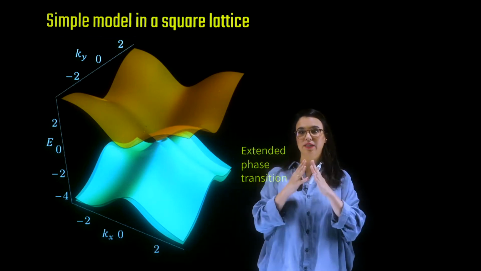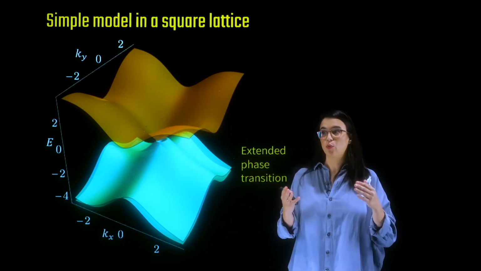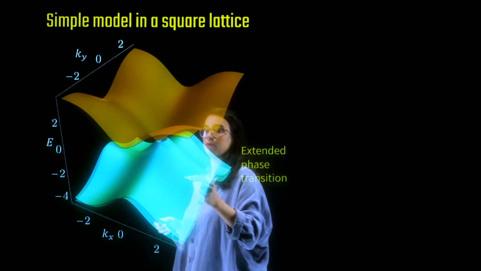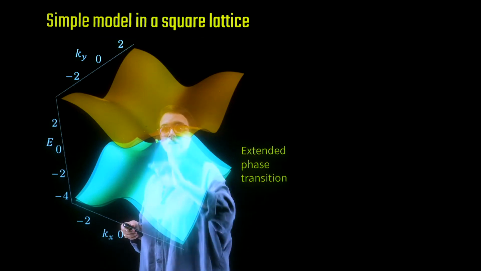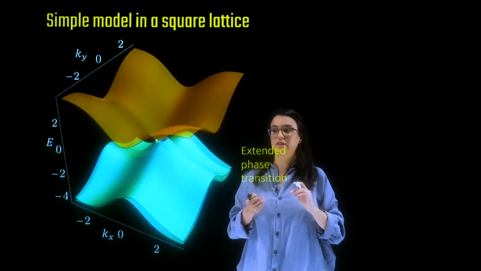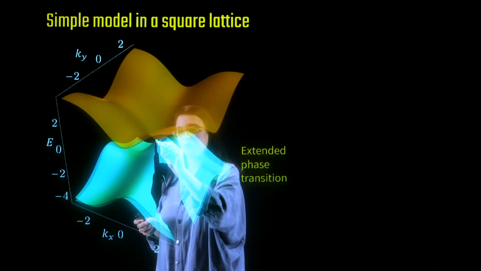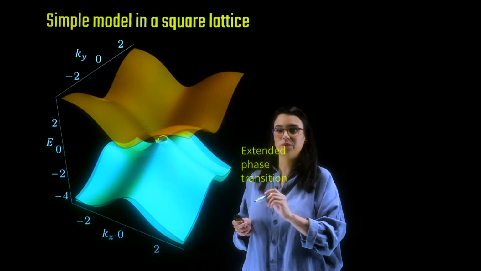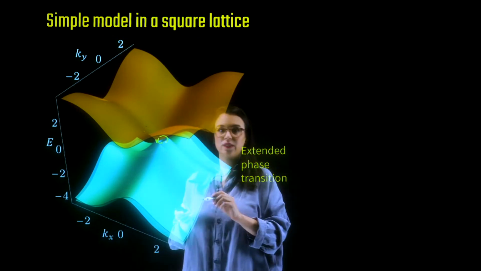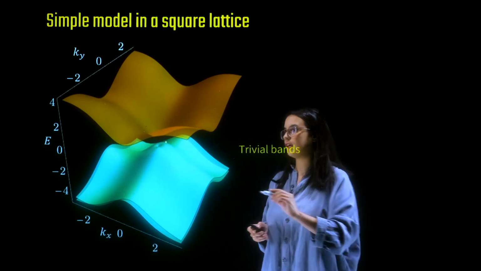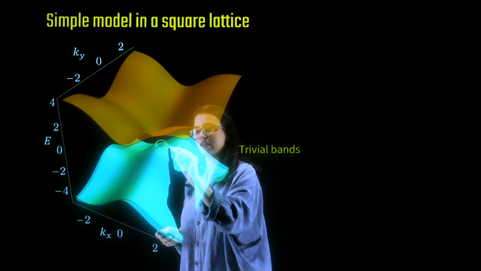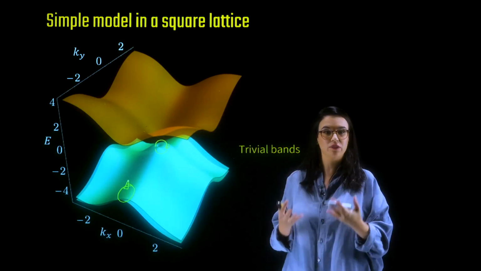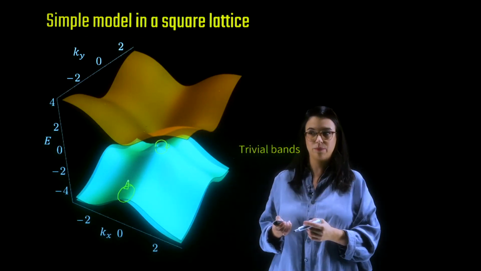And this will be done in an extended phase transition where the filled bands are going to be coupled with the empty bands, and first they will join in a quadratic band touching, which will separate into two Dirac points that surround the original Dirac point of the filled bands, and you will see by that process it did not remove the Dirac point, but it changed its chirality. So now we have Dirac points of opposite chirality, which is compatible with an atomic band, with a trivial band.